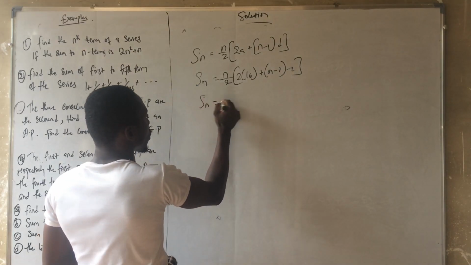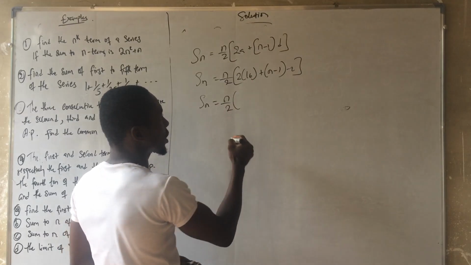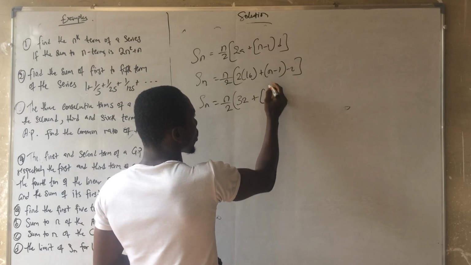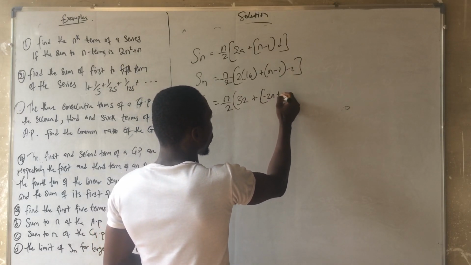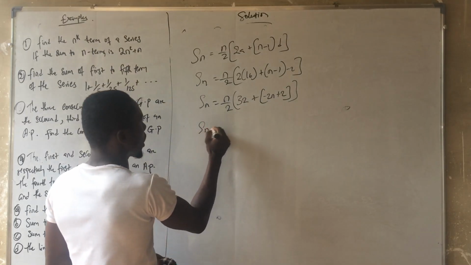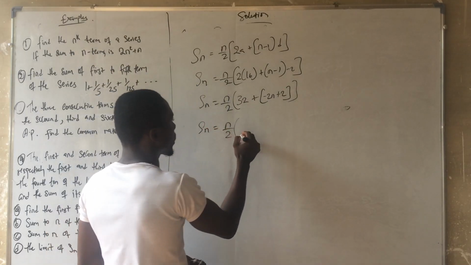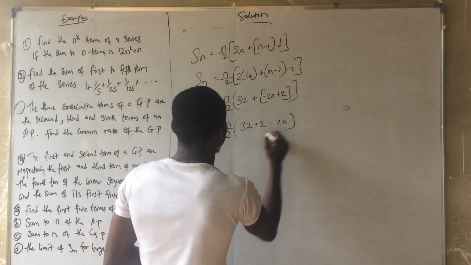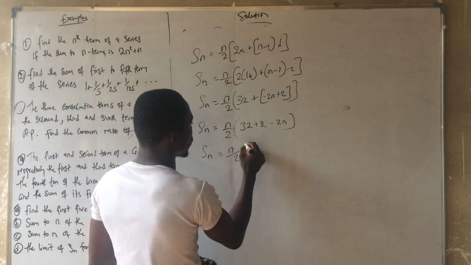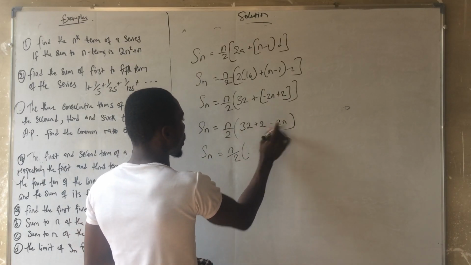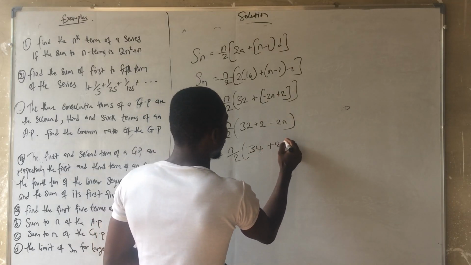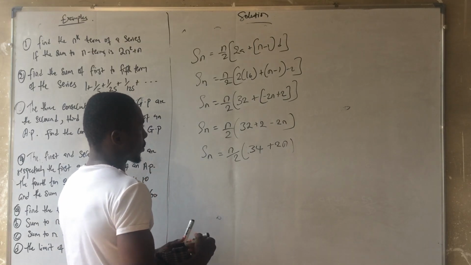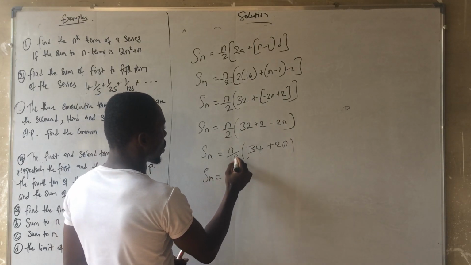So now our Sn is equal to n over 2 bracket 2 times 16, which is 32, plus n minus 1 times minus 2, which is minus 2n plus 2. So Sn is equal to n over 2 bracket 32 plus 2 minus 2n, which is n over 2 times 34 minus 2n.